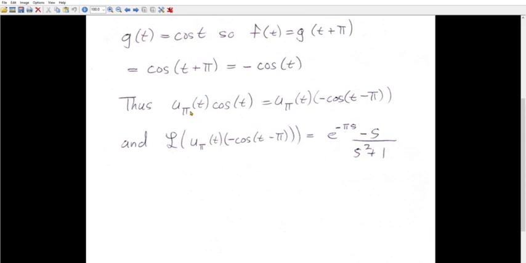So u pi of t cosine of t can be written as u pi of t times minus the cosine of t minus pi. And that means that the transform is going to be e to the minus pi s times the transform of f, which you remember is minus cosine t, which gives you minus s over s squared plus 1.